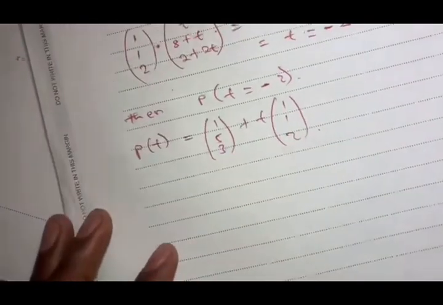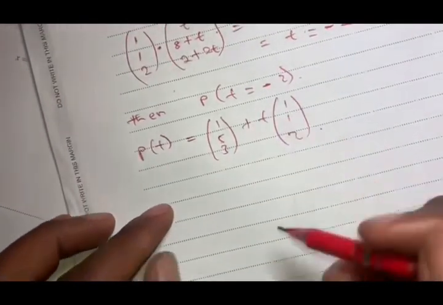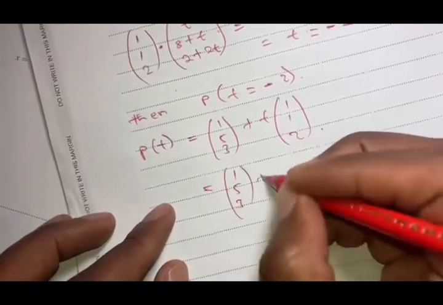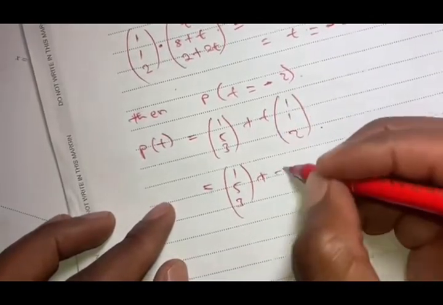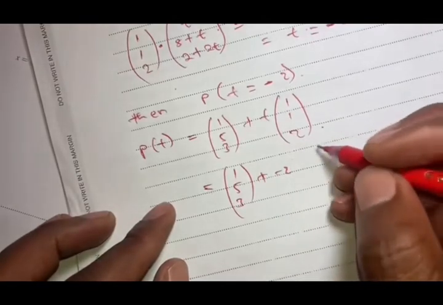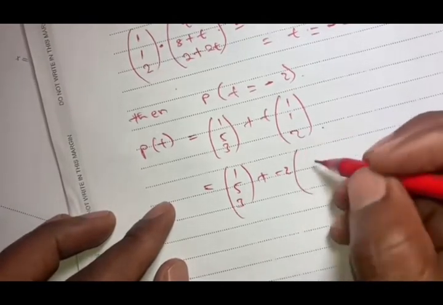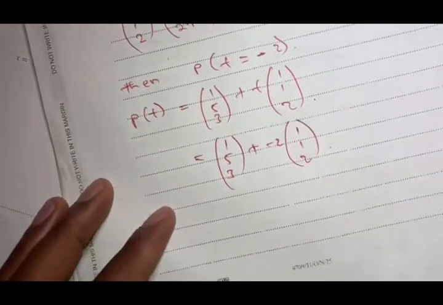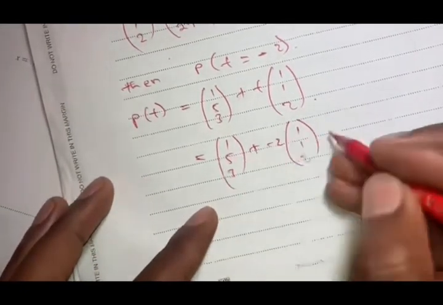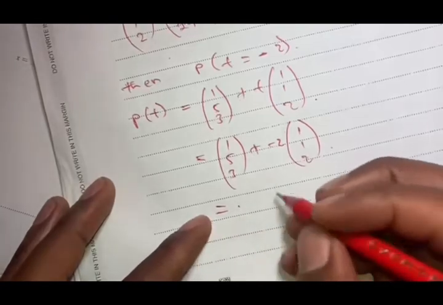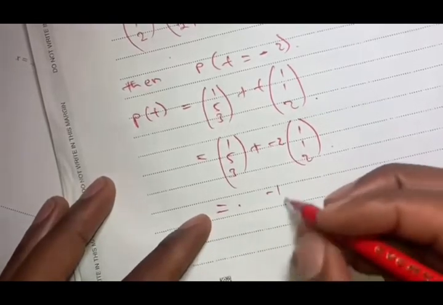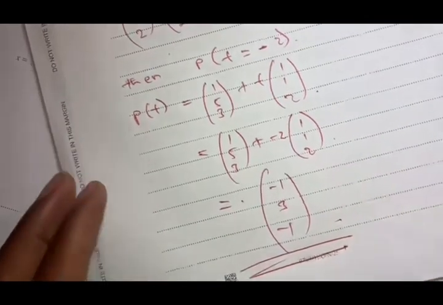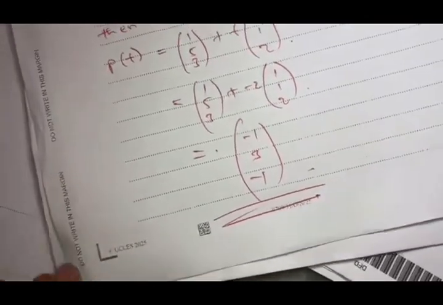Now we can substitute the value of t that we found, t equal to negative 2. It is 1, 5, 3 plus negative 2 times 1, 1, 2. And if I solve this, I would get minus 1, 3, and negative 1 as the answer. This is the coordinate that I'm looking for.